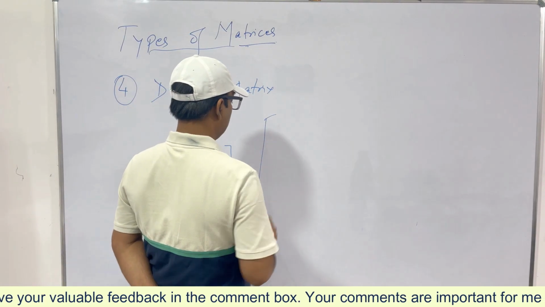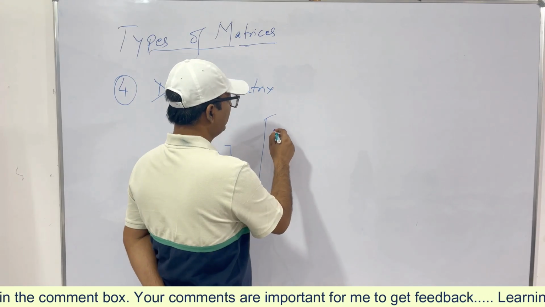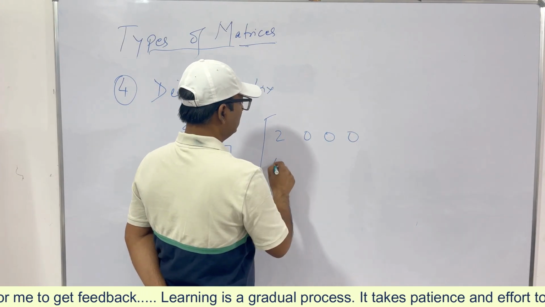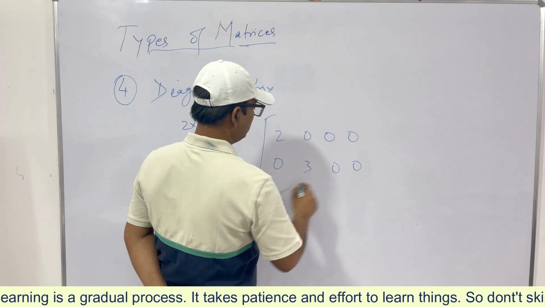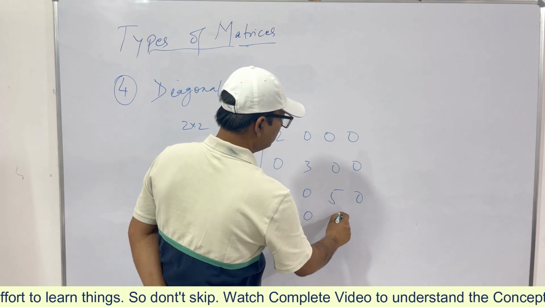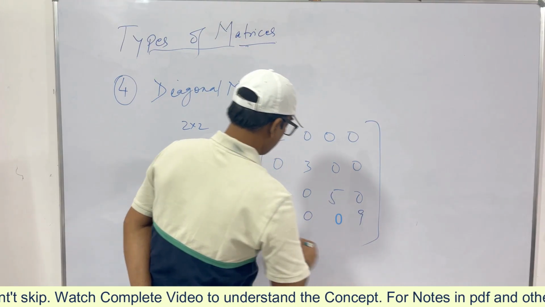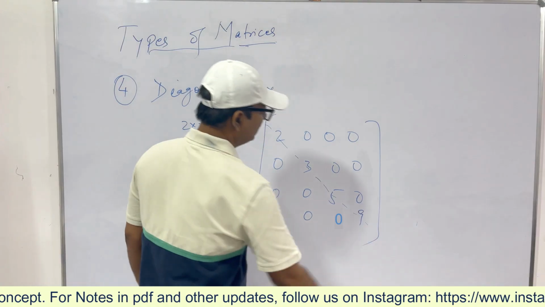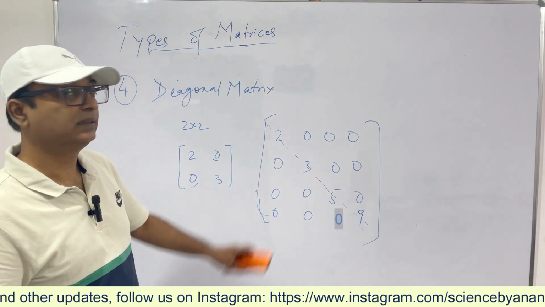For example, I am taking a 4 cross 4 matrix: 2, 0, 0, 0, 0, 3, 0, 0, 0, 0, 5, 0, 0, 0, 0, 9. So, this is a diagonal matrix. We have non-zero elements only on the diagonal.